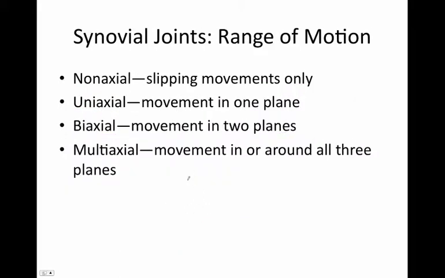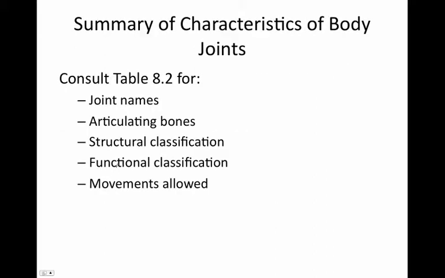For range of motion, we have to take a look at a couple of things, since synovial joints have different ranges. Non-axial, slipping movements only. Uniaxial, movement in one plane. Biaxial, movement in two planes. Or multiaxial, movement in or around all three planes.